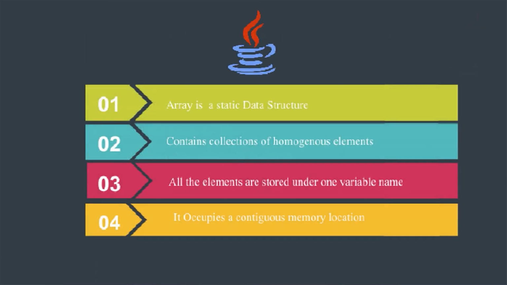So learner, whenever you are going to design a software, basically you are storing the data. When you are storing the data, there might be use cases where we need to store a lot of data all together in a single container, right?